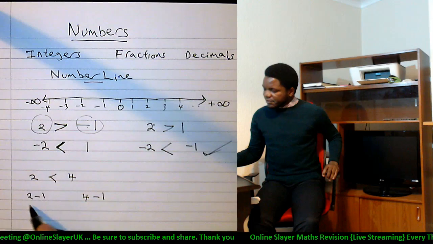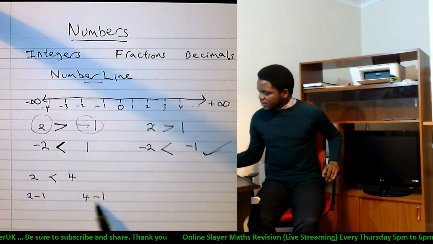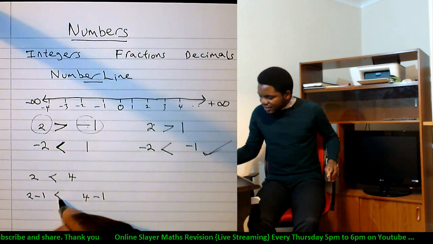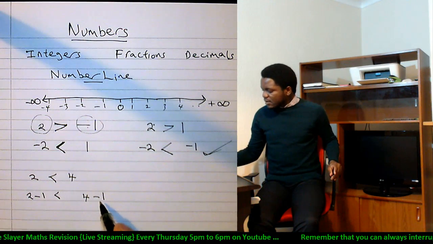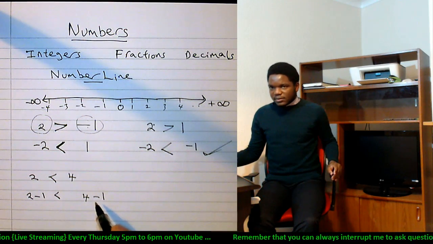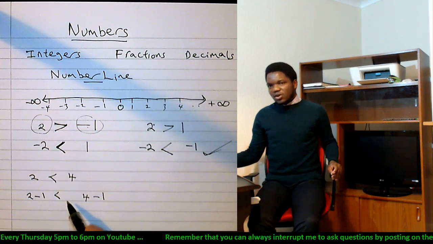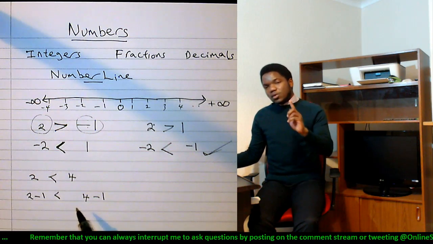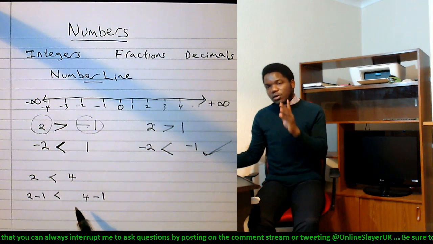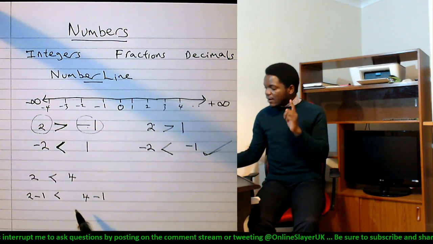This is going to give you a 1, and this is going to give you a 3. But 1 is still less than 3, yeah? So by adding a negative number, or you can say by subtracting a number, it has not affected the inequality sign. The only thing that affects the inequality sign is when you multiply or divide by a negative number.